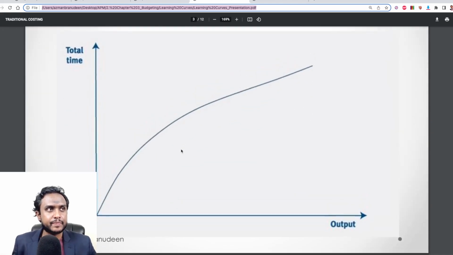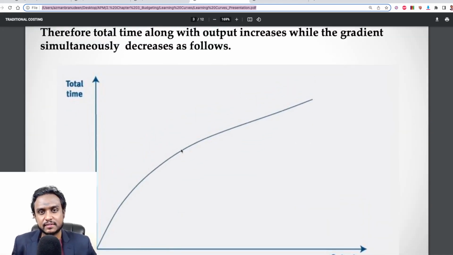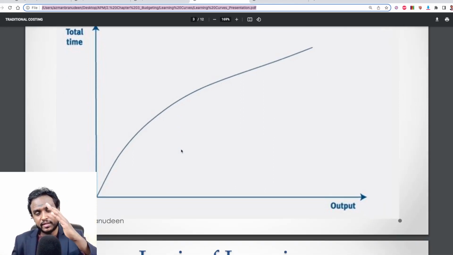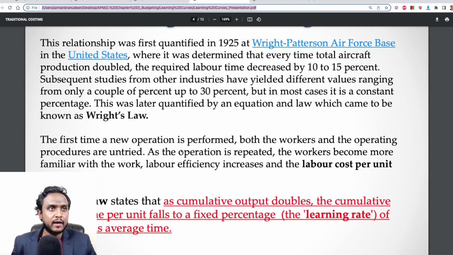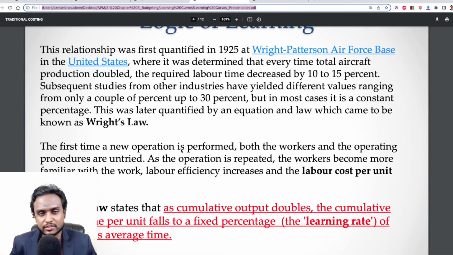So that's where learning has capped. The total time will essentially be a falling curve, where the slope is flattening, because the total time taken for the cumulative number of units you produce is slowly reducing. So the gradient will slowly keep falling. Okay, now this is all fine.